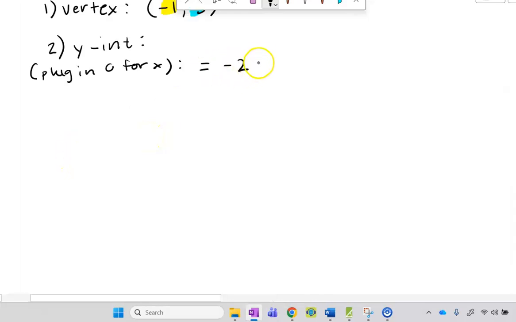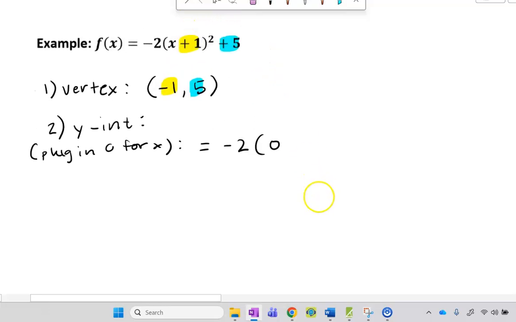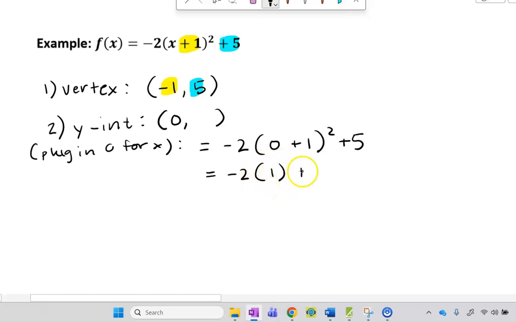I have -2(0 + 1)² + 5. Remember, I plugged in a 0 for x, so my coordinate, I'm going to put a 0 in the x position. And then I've got -2(1)², and 1 squared is just 1, plus 5. -2 times 1 is -2, and then plus 5 gives me +3.